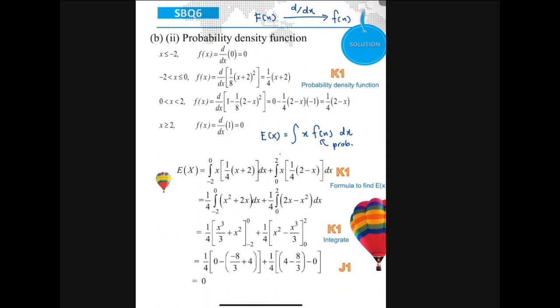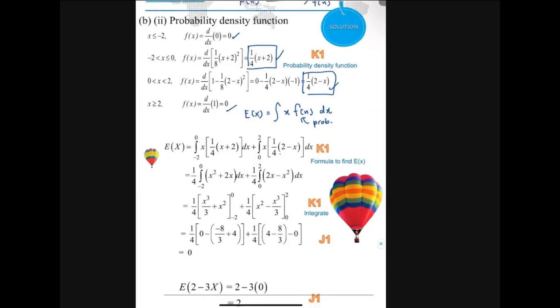For the first and last function, if we differentiate, we get 0. For the second function, if we differentiate, we get 1/4 (x plus 2). For the third function, if we differentiate, we get 1/4 (2 minus x). Now we have to integrate these two functions, so substitute this into the expectation formula: x times our function with the correct limits.